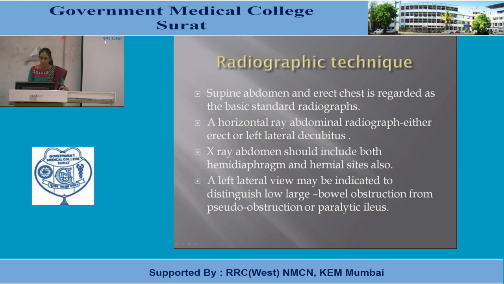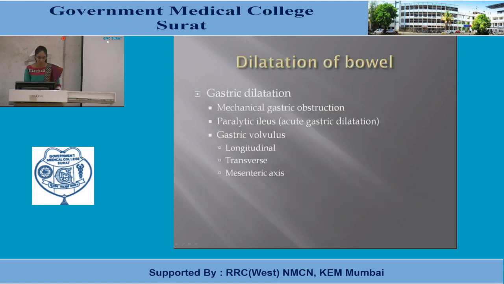If patient is not able to stand, then you can take X-ray in sitting position. X-ray abdomen should include both hemidiaphragms as well as hernial sites. A left lateral view may be indicated to differentiate low large bowel obstruction from pseudo-obstruction or paralytic ileus.